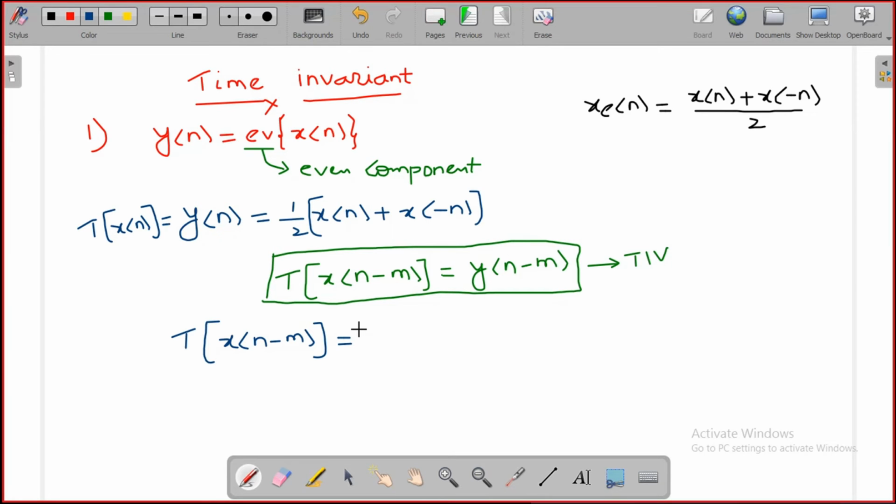Where you have the x of n term, which is the input, delay that by m samples, that is 1 by 2 x of n minus m. Now x of minus n is your input, delayed by m samples, so minus m.